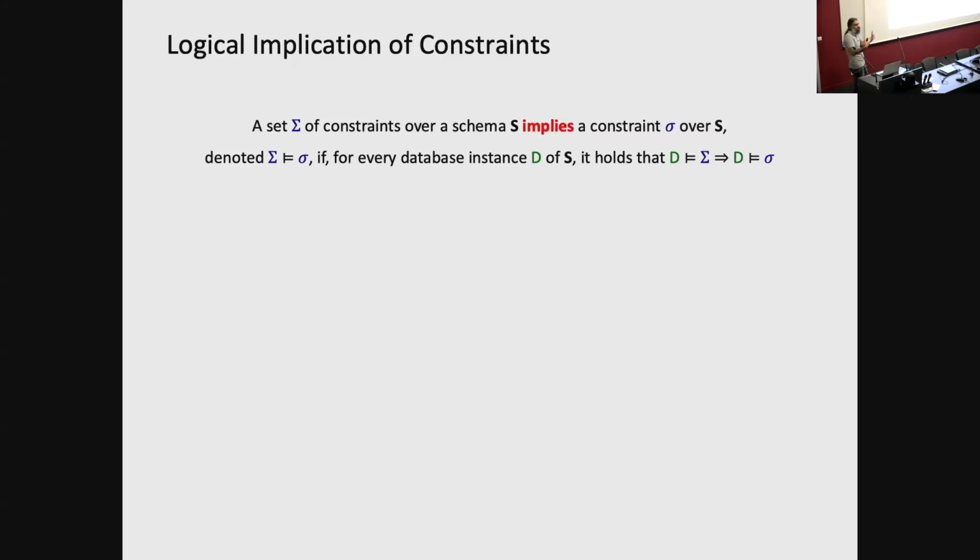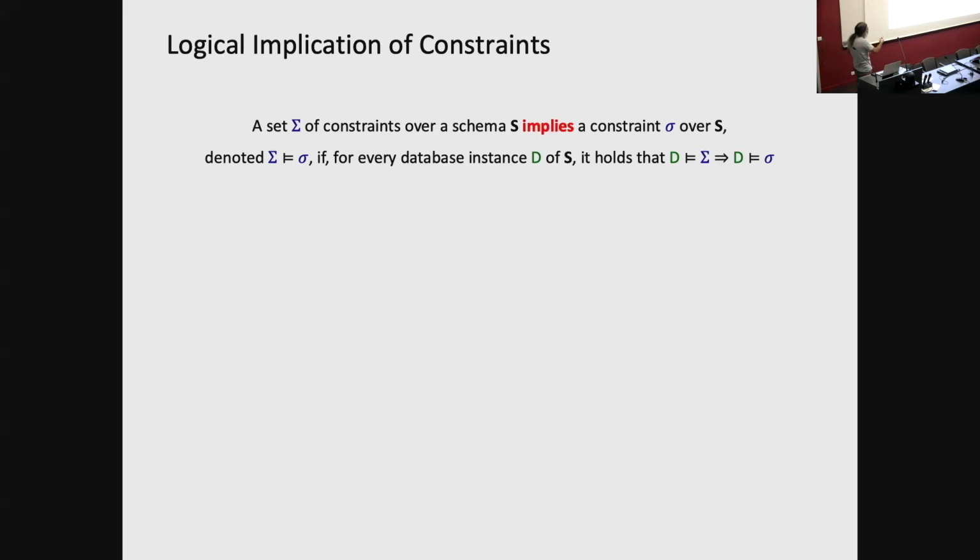And somehow this makes sense. You can see now the connection with what I said before of discovering new constraints. Essentially, if I have this set of constraints, then from there I can try to find new individual constraints that are implied by this set, right?